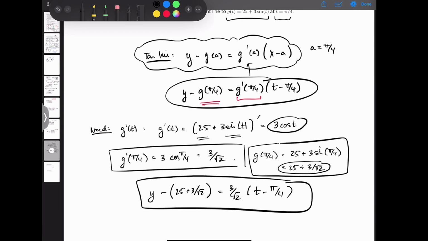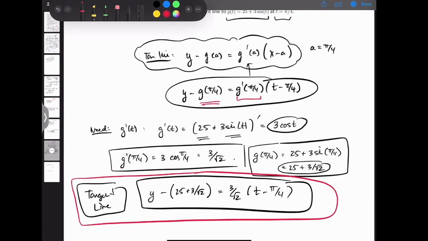So here, even though it looks a little weird with all of the radicals and pi's and whatnot, this is an equation of a line. Y minus g of a equals g prime of a times t minus a.